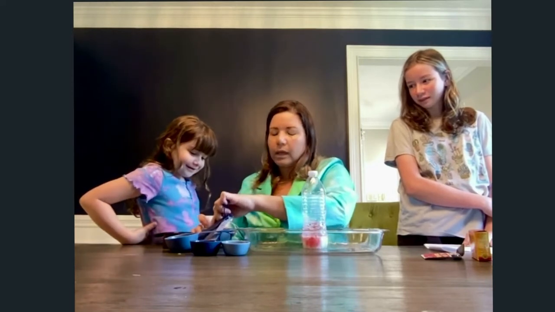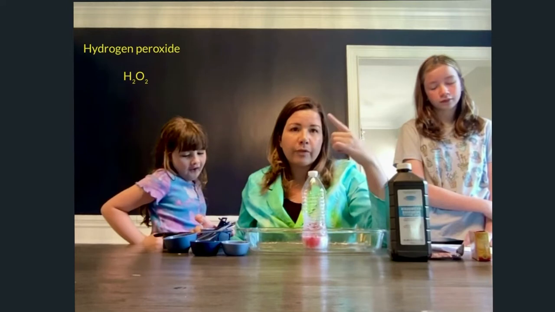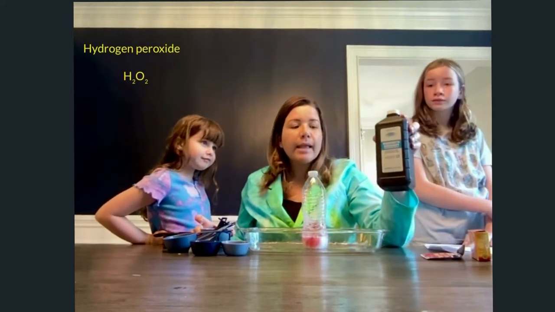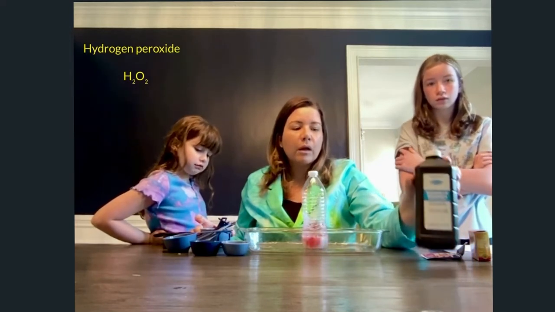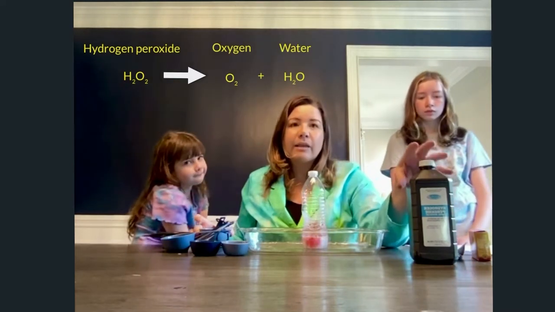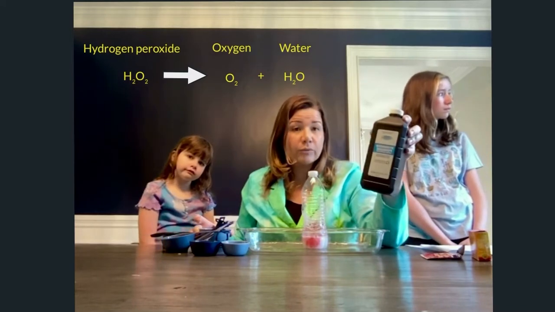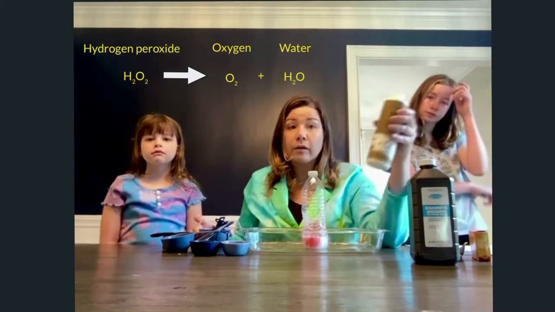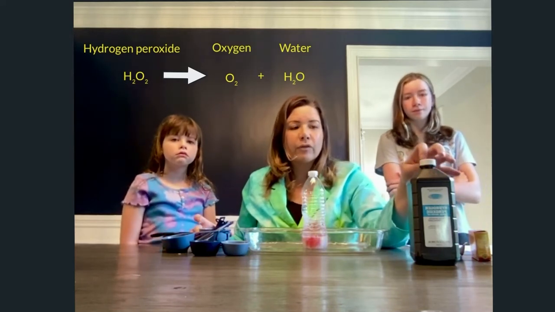Okay, now usually hydrogen peroxide, which we talked about before, breaks down. So hydrogen peroxide is H2O2, and I'll put that up so you can see it. And it breaks down over time into oxygen and water. But that takes a really long time, and it's also light sensitive. So that's why whenever you see hydrogen peroxide, it is in some sort of dark container so that that process happens very, very slowly.